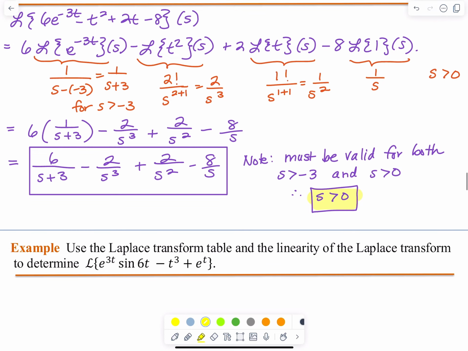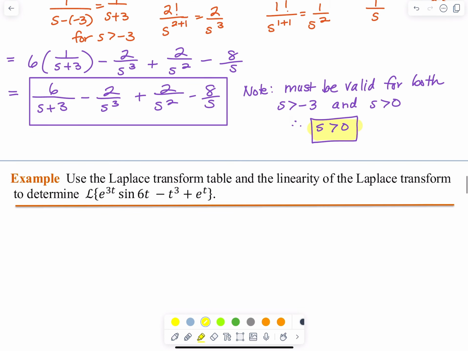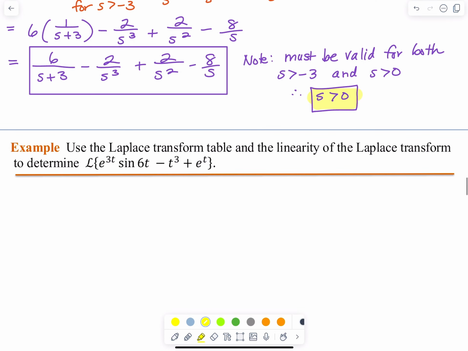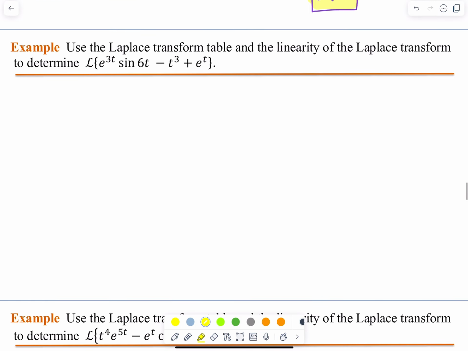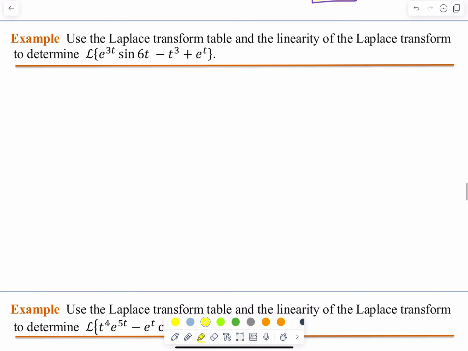Okay, let's go ahead and use the table again and linearity theorem or property of the Laplace transform to determine the Laplace transform of this function.